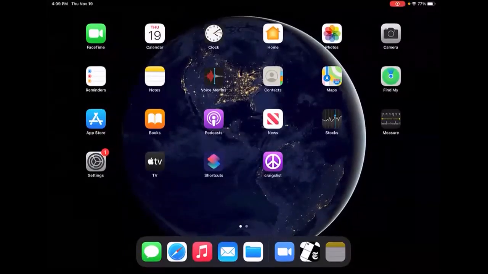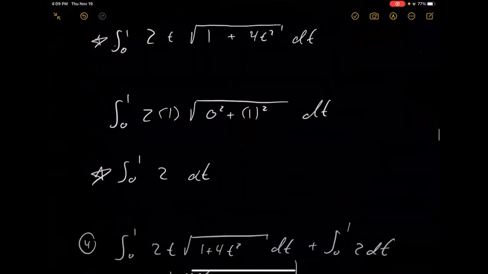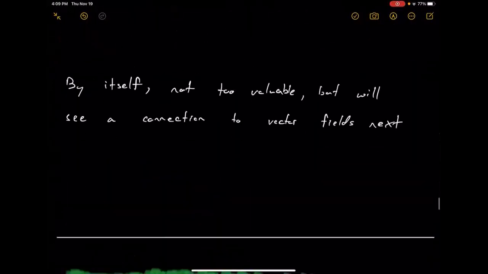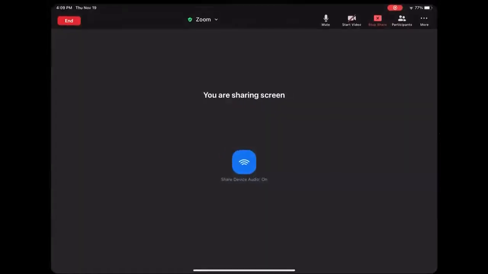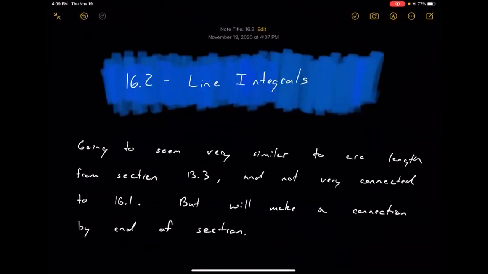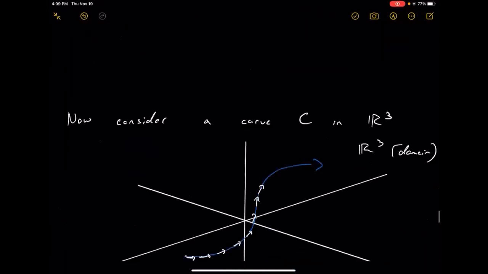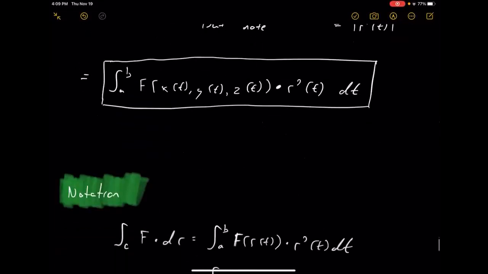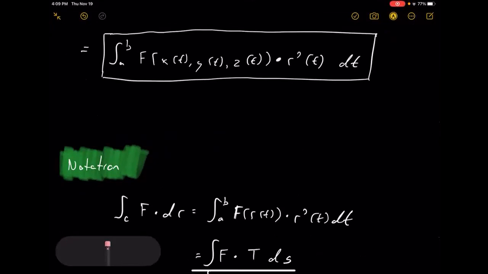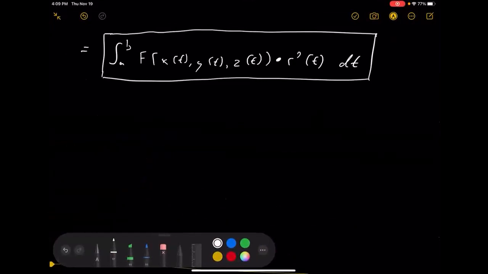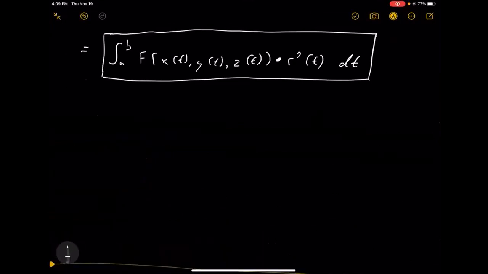Let's see, I got my handy dandy textbook out in front of me, so let's pick a problem from the vector field section. How about number 19 in the book?